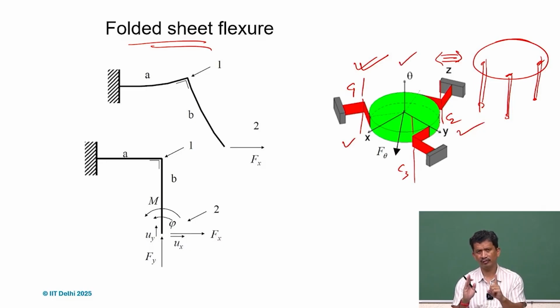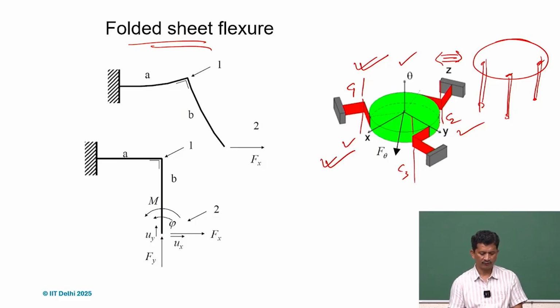It will be constrained in the z direction, and the out-of-plane rotations, theta x and theta y, will be constrained. So we get a three degree-of-freedom planar system, a very good use of folded sheet flexures for making these kinds of things.